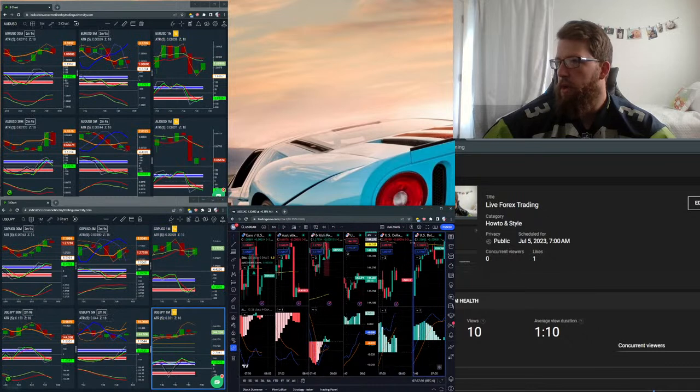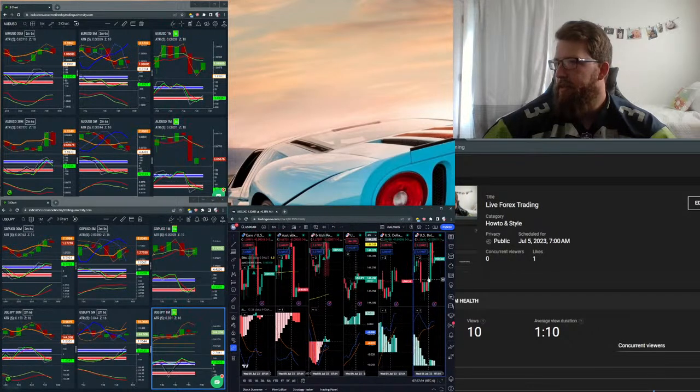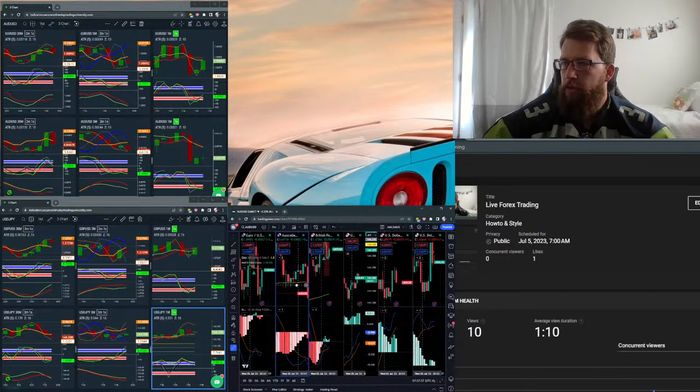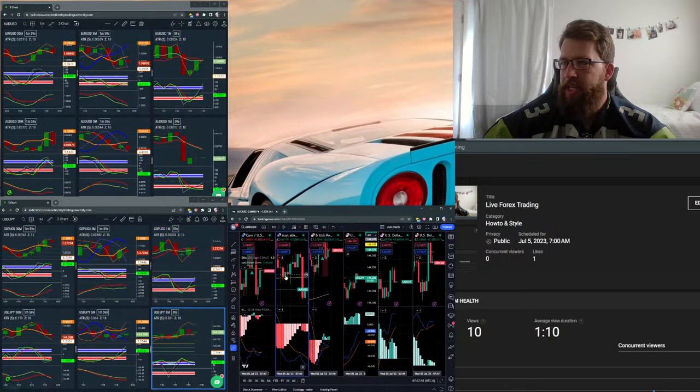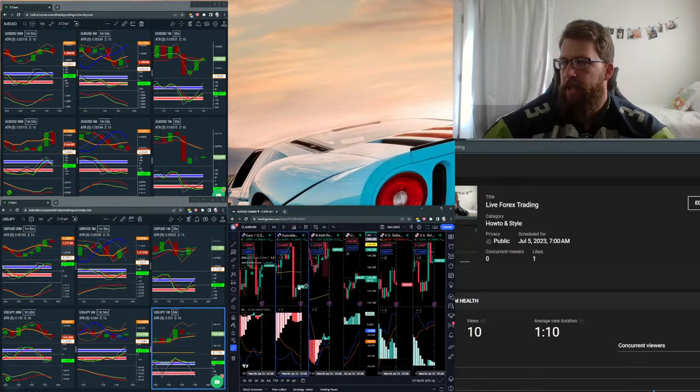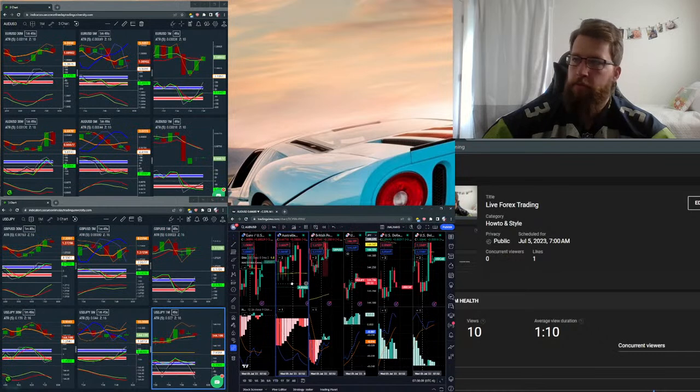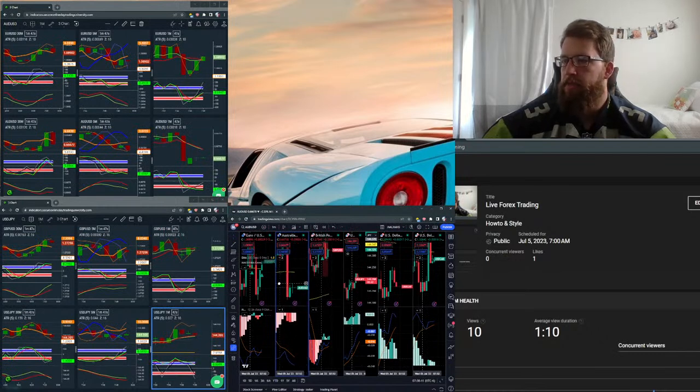Lots of rejecty bars right here. Now it's looking like it broke through but went back down. What was the other one? Yeah, lots of rejecty bars on the Aussie as well, but it looks like we did close back down and have a couple bars that'll close underneath, possibly a good indication that it just keeps going down.